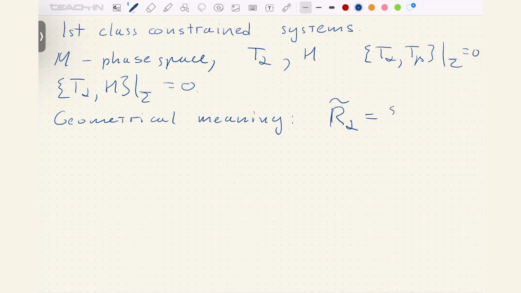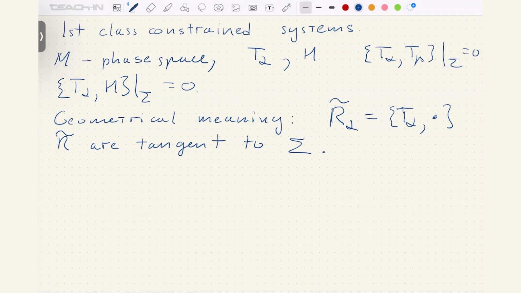R twiddle alpha equals the Hamiltonian vector field generated by T alpha. These R twiddle are tangent to the constraint surface, to sigma.